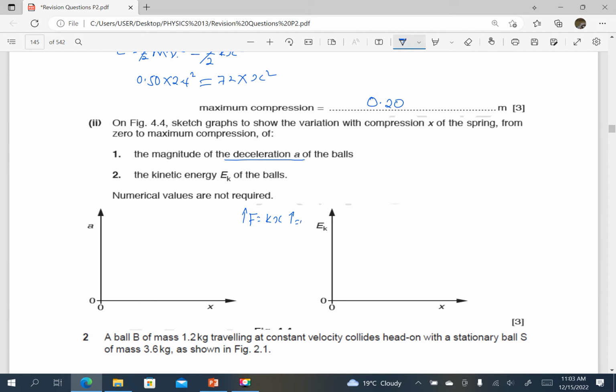And the force, remember, is mass times acceleration. So the acceleration is increasing. That means the compression is directly proportional to the acceleration, and they're in the same direction, so that is going to be a straight line. When the compression is zero, the force is zero, the acceleration is zero. When the compression increases, the force increases, the acceleration increases. So this is going to be a straight line.